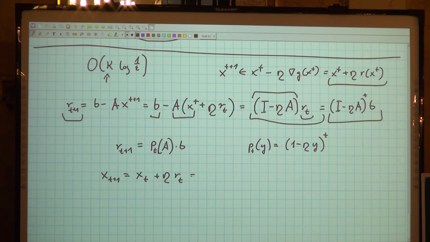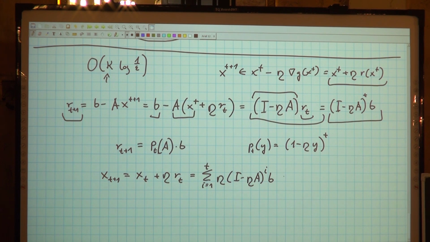So essentially it is the sum over i from 1 to t of eta (I minus eta A) to the i times b. I just unroll this recurrence, and that's what I get.